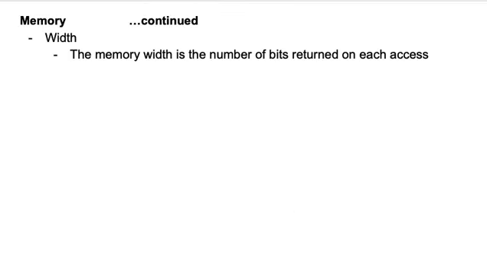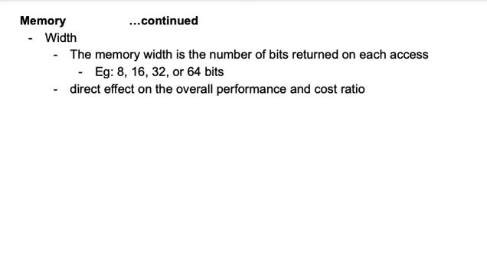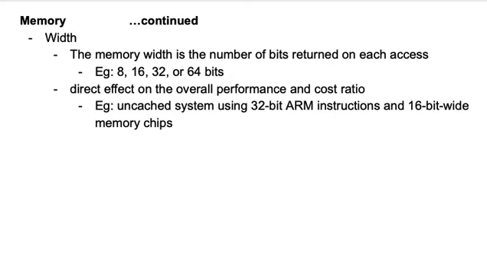Considering the memory width, it is the number of bits returned when the memory is accessed in one operation. This comes in variants of 8 bits, 16 bits, 32 or 64 bits. The number of bits has a direct effect on the overall performance.